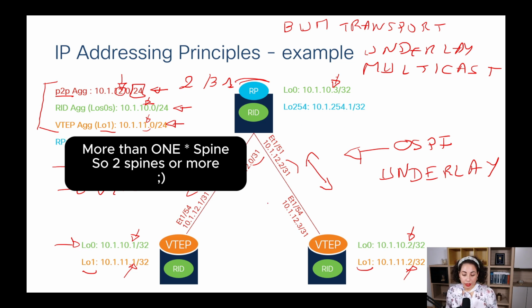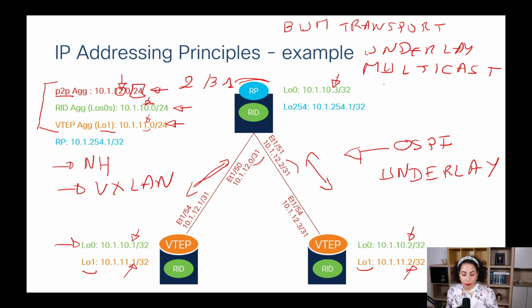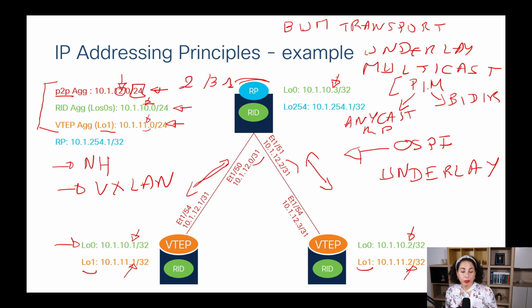Also, another point that we discussed is that we have 2 flavors for the configuration of PIM. We can either go for Anycast RP, or we can go for bidirectional PIM, so named PIM bidir. In one case or the other, we need a rendezvous point because all these are flavors of PIM sparse mode, and we always need a rendezvous point for PIM sparse mode.